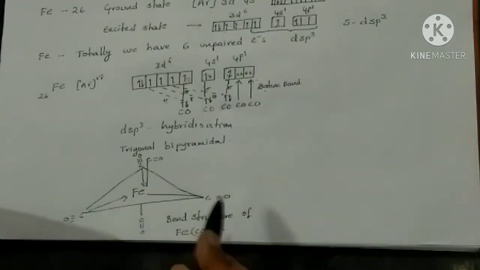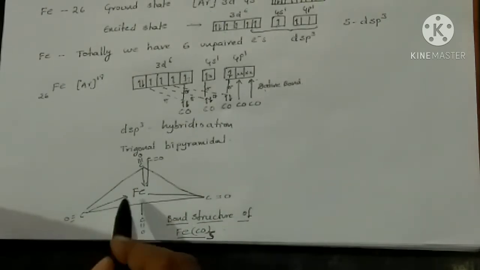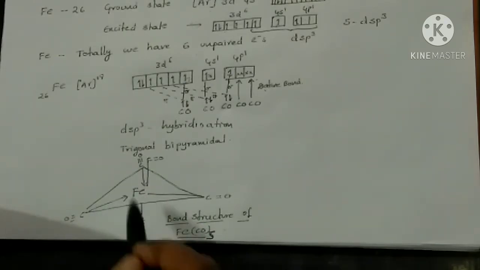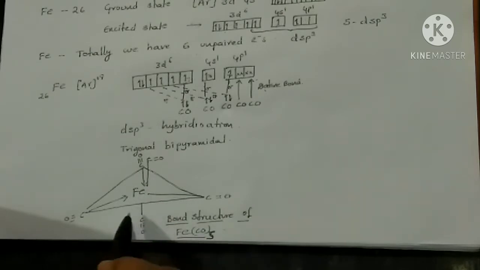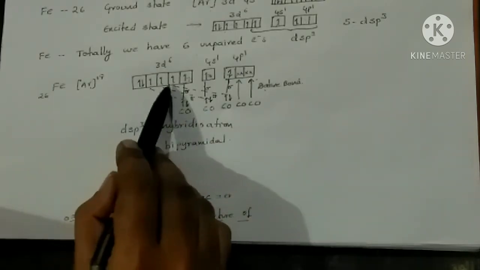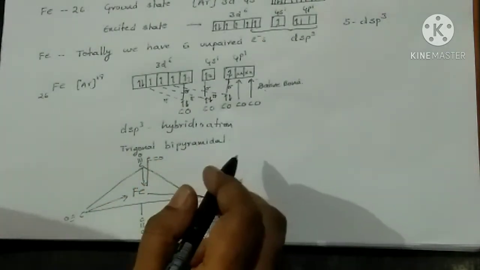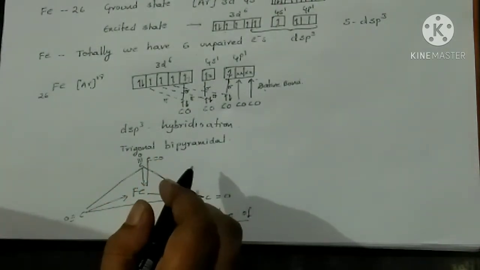So this is the bond structure of iron pentacarbonyl. Here these arrows indicate dative bonds with iron. So we get trigonal bipyramidal structure with 5 carbonyls bonded with iron like this. Here, as all these are paired up with carbon monoxide molecules, it shows a diamagnetic structure.